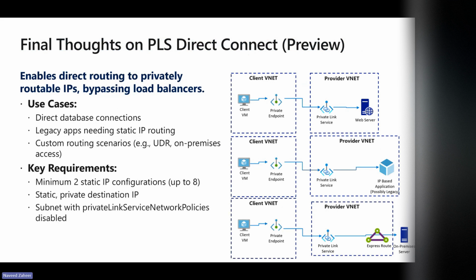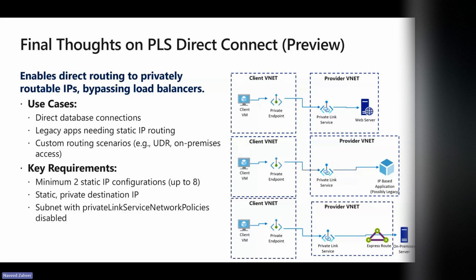This PLS Direct, as you know, is a feature update to Private Link service, which removes the requirement of having a load balancer when you're creating a private link service. You can create it on top of any IP that is either available in the provider VNet or accessible, visible from that provider VNet.